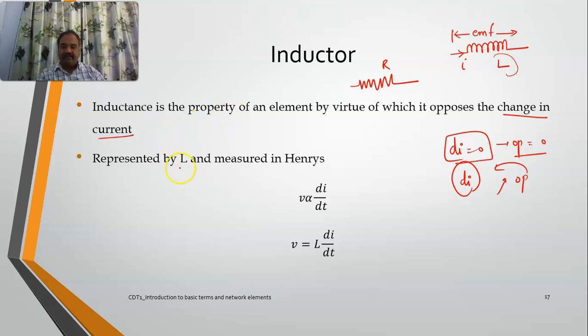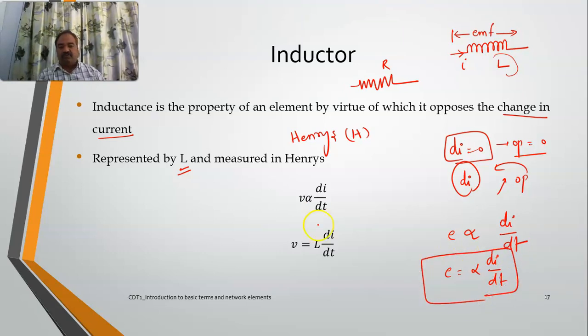Inductance of any element is represented by L and is measured in henries, H. In the process of opposing the change in current, it develops an EMF which is proportional to the change in current. Removing the proportionality constant, E is equal to L di by dt. EMF is also a voltage, so V is equal to L di by dt.